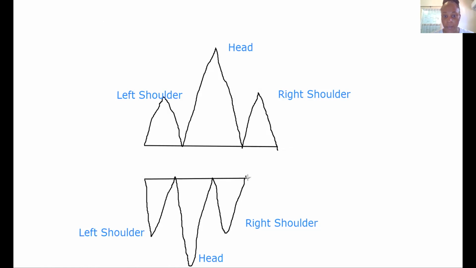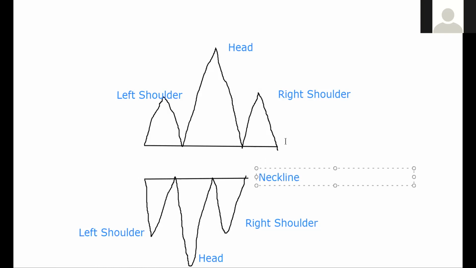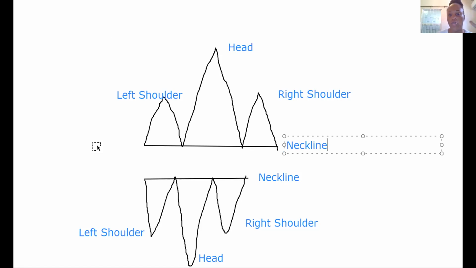So it tends to have a neckline. Now, the neckline is usually the support or resistance, right? So understanding support and resistance is very important. That's why we started off with support and resistance first in our trainings. So the neckline, right, which is similar here.